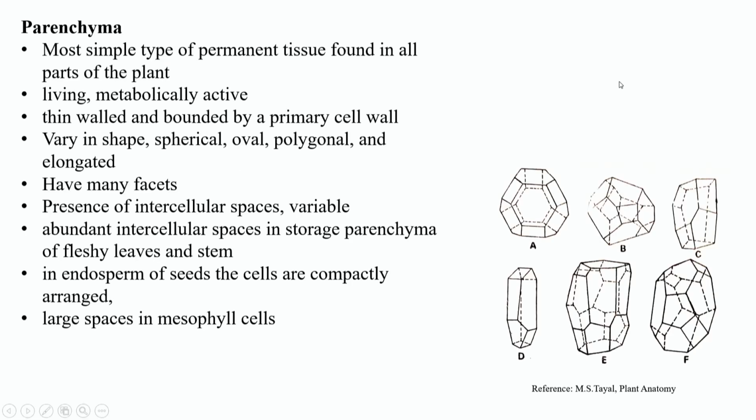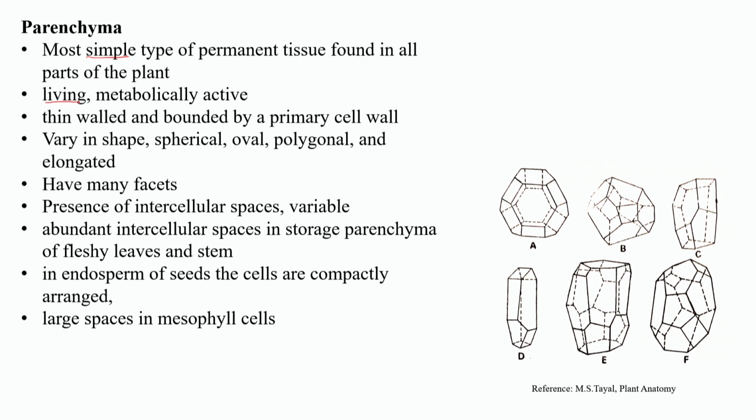These are the simplest type of permanent tissue, and they are found in almost all parts of the plant, maybe leaf, root or stem. In every part of the plant these tissues are present, and they are made up of only one cell type.